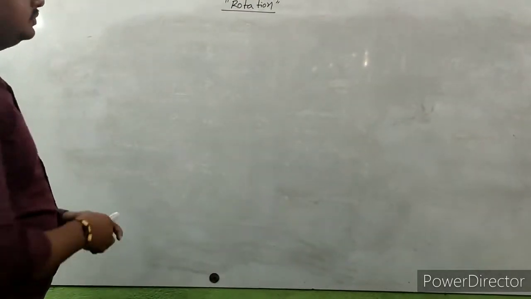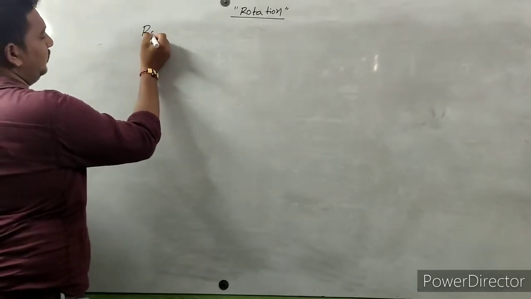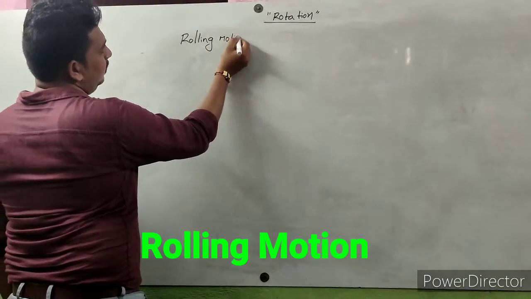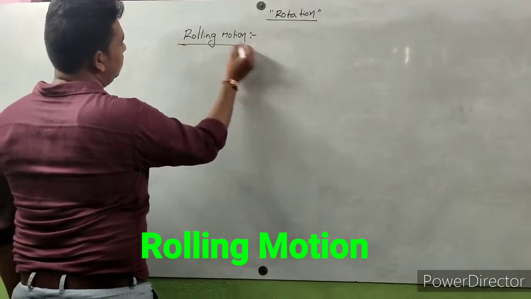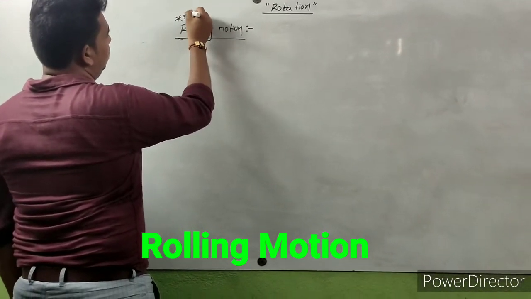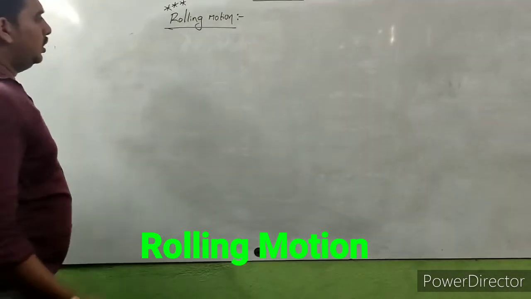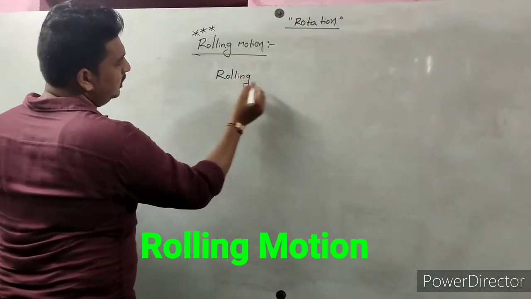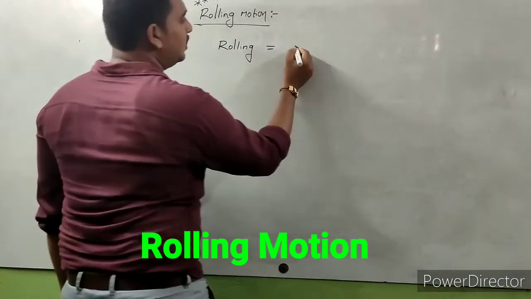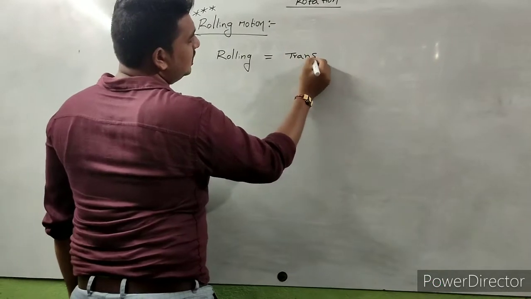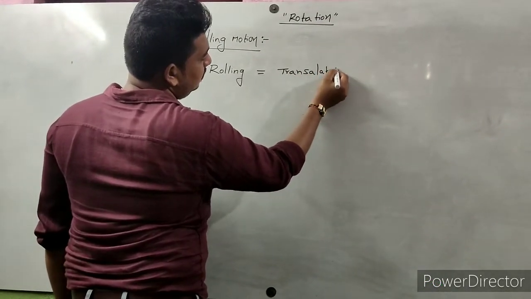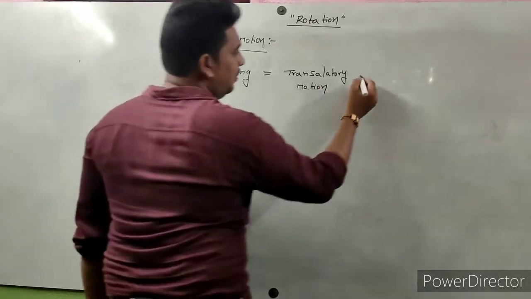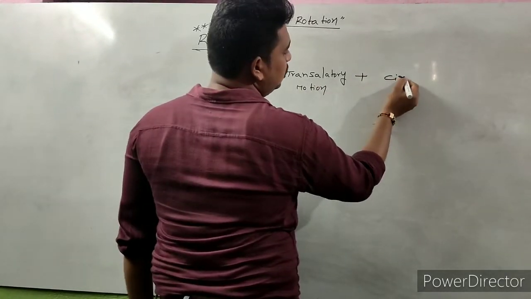So in rotation, this topic is very important: rolling motion. Rolling is nothing but translatory motion plus circular motion.